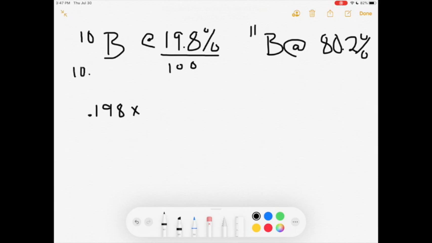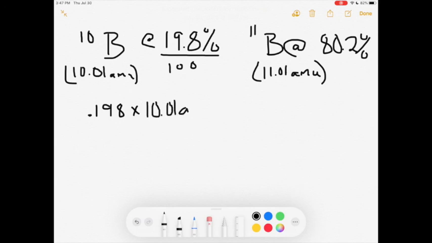They did give you a few more sig figs here, so 10.01 AMU for boron 10 and 11.01 AMU for boron 11. So we're going to multiply that by 10.01, and then we're going to add that to the next isotope.